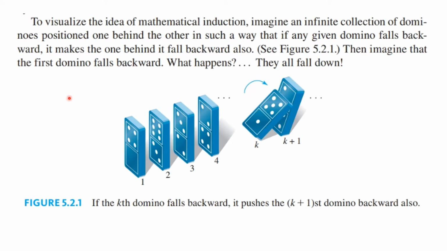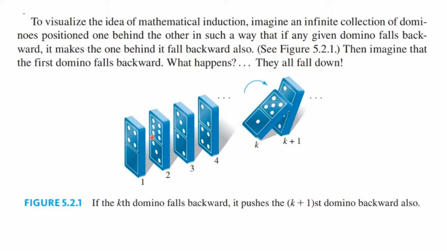You just saw a video where a bunch of dominoes were being knocked down, so now I'm going to ask you to imagine or visualize the idea of an infinite collection of dominoes. We saw 32,000, but these are going to be infinite, way more than 32,000. But they're positioned one behind another in such a way that if any given domino falls backwards, it makes the one next to it fall backwards.